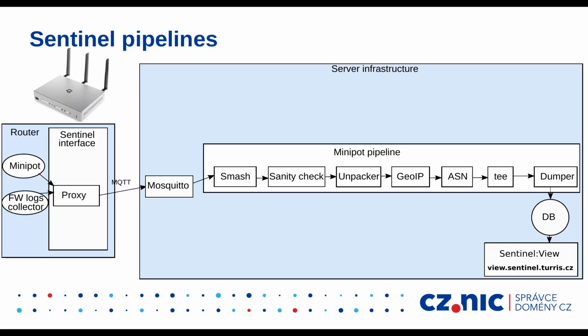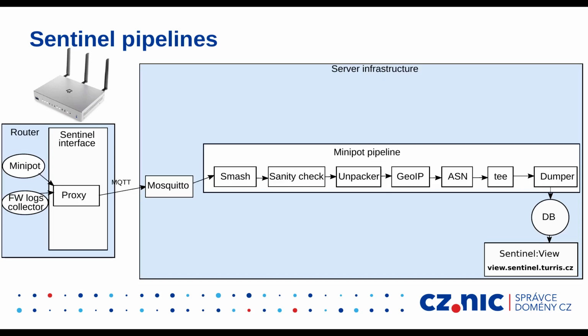Basic payload inspection is carried out by sanity check, and the message is forwarded to Unpacker. Unpacker extracts the Minipod type from the payload and inserts it into the message type. Then, the message is enriched by country code and autonomous system number based on the GeoIP database record of the attacker IP address. This pipeline ends with a termination box called dumper, which stores the preprocessed records to our database.